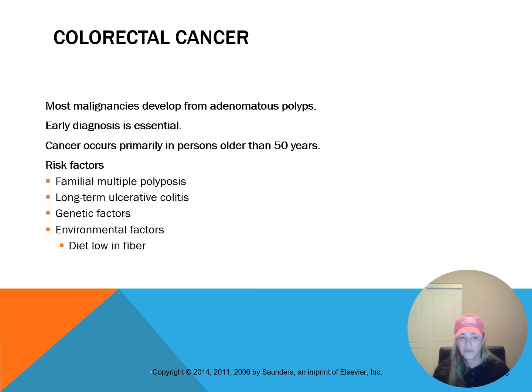Risk factors do include familial multiple polyposis, meaning that it's a family, genetic kind of thing where you have polyps, ulcerative colitis, and other factors, genetic factors, environmental factors, which include diets low in fiber.